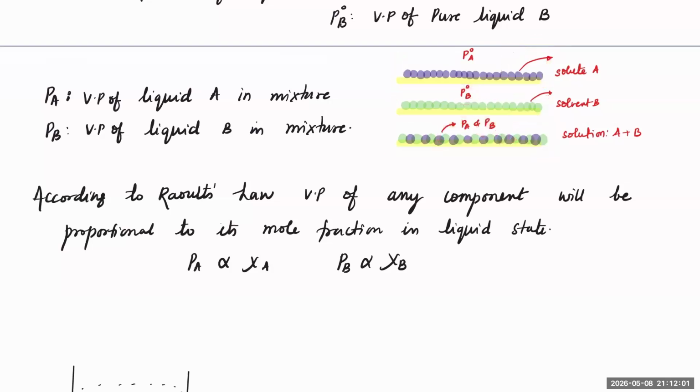You will definitely notice that P naught A was higher than PA and P naught B is higher than PB, because as the other component is also occupying the surface in the mixture, it will make it less available for evaporation.